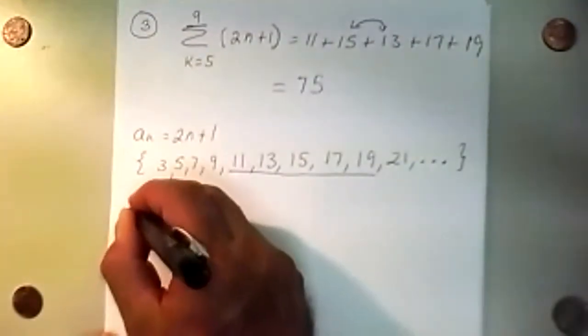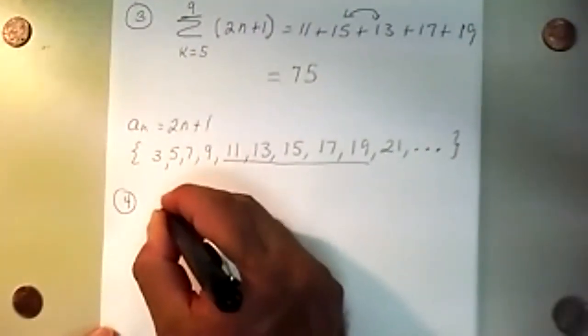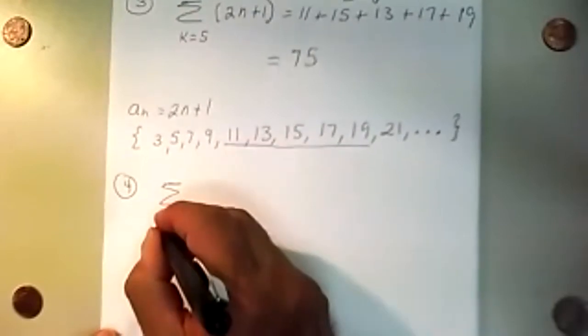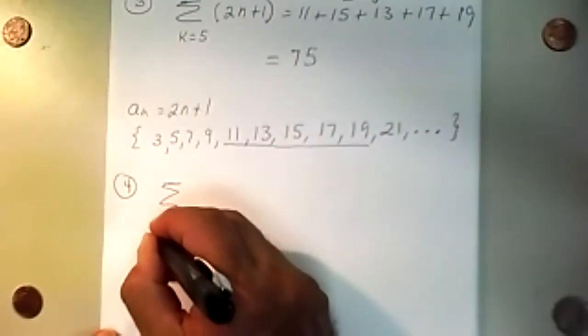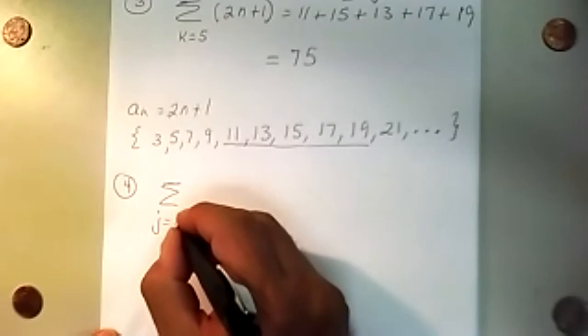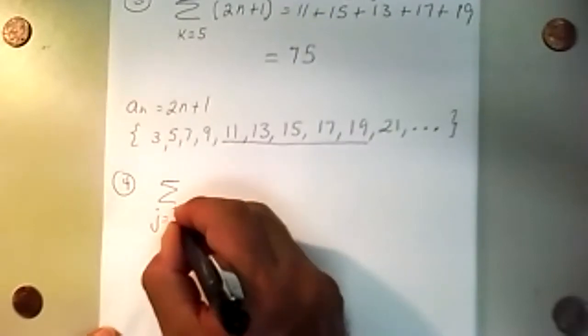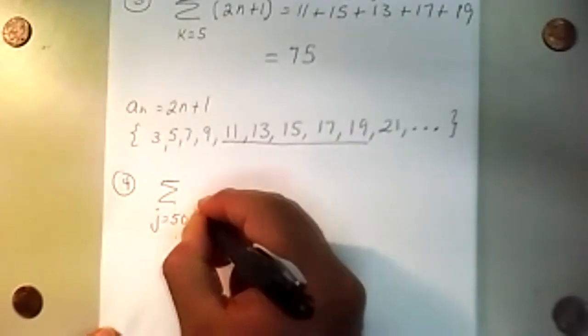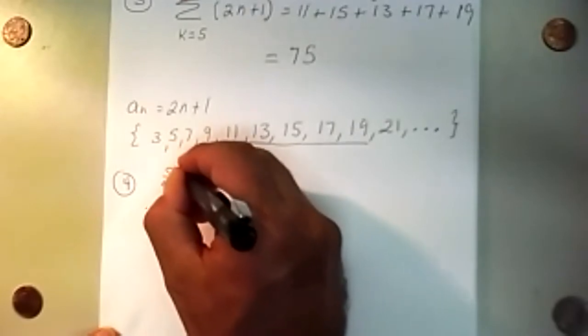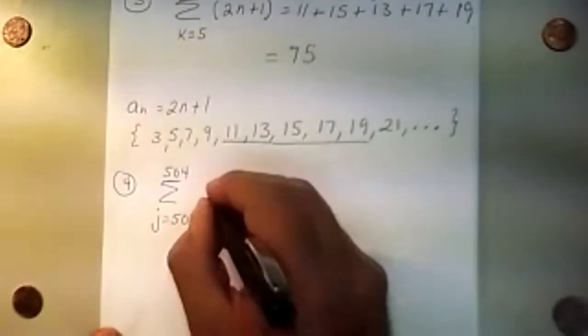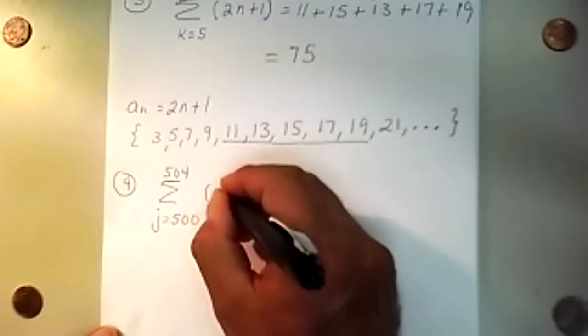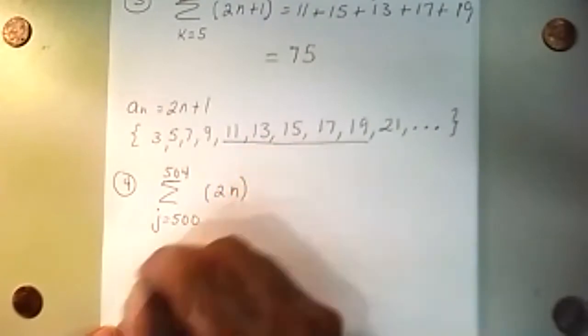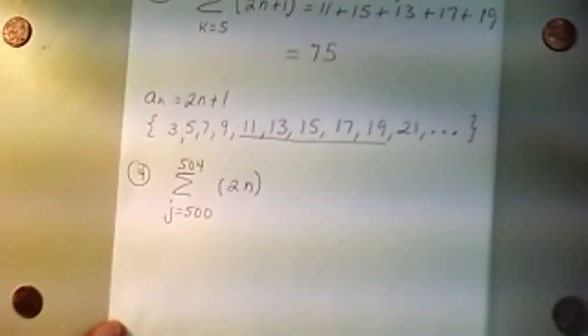Example 4. Let's say we want to add j from j equals 500 to 504. The elements 2n. Okay, so now I'm changing.